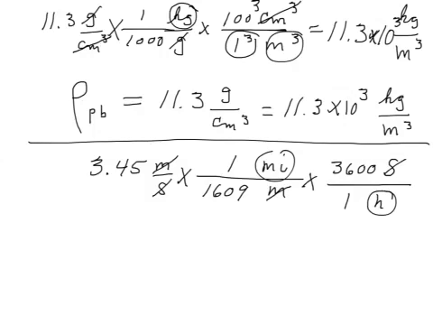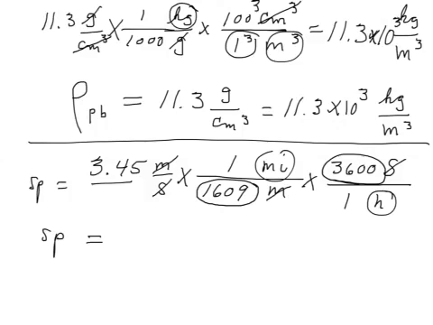And so the mathematics is 3.45 times 3,600 divided by 1609. So the converted speed of 3.45 meters per second is equal to, I'm going to pause.